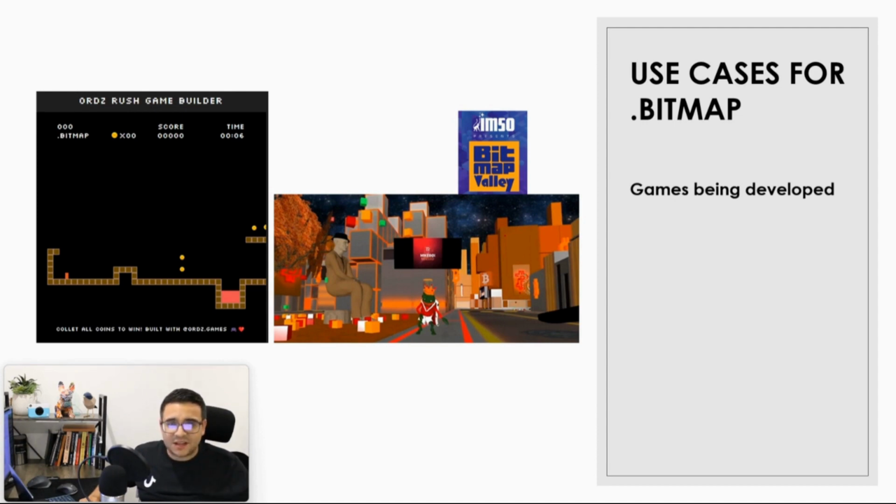So you can see some examples of games that are being developed at the moment, which I think is really interesting. There was one other one which I couldn't get a hold of. I just can't find where it was, but someone actually tried to also create like a Tetris game, which I thought was pretty interesting.